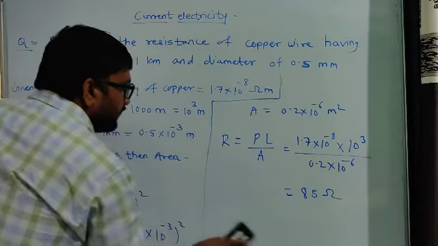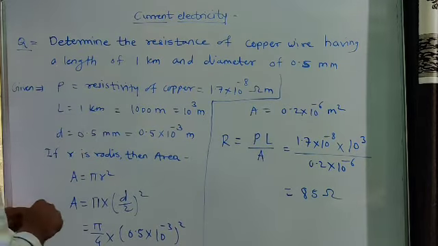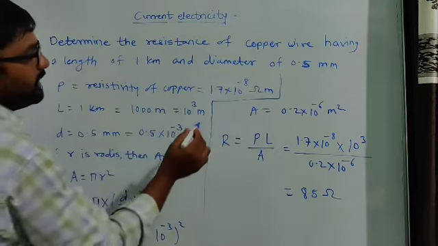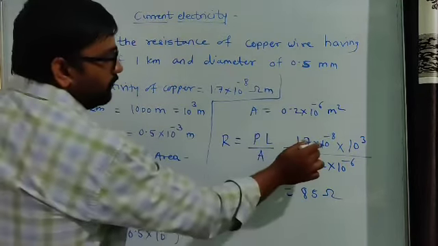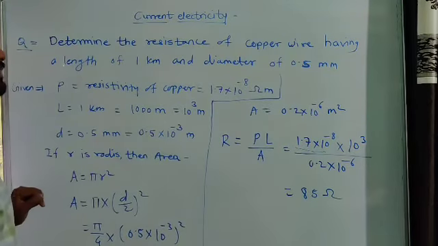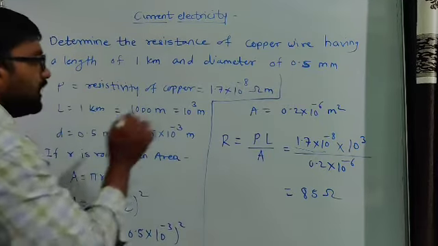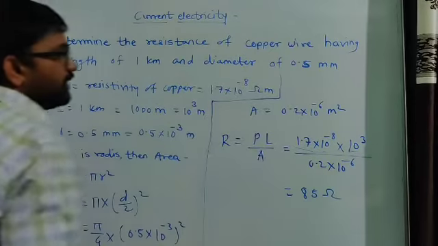Now we will get the resistance of that wire. Resistivity is given: the resistivity of the copper wire is 1.7 into 10 raised to minus 8 ohm meter. Then the length is 10 raised to 3 meter.